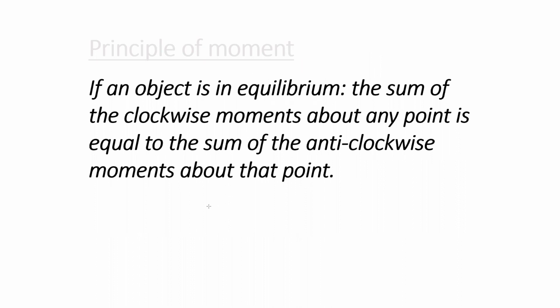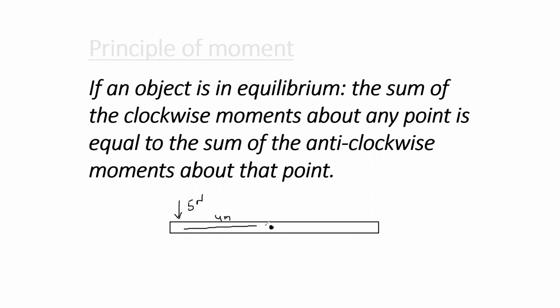So for example, if here is an object, we applied a force of 5 Newton, at a distance from the pivot of 4 meter. We applied another force of 5 Newton, and the distance was 4 meter. We calculated the anti-clockwise moment, that is 5 multiplied by 4, equal to 20 Newton meter anti-clockwise.